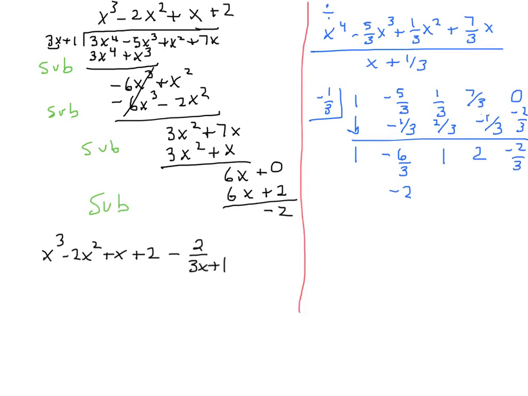So our answer, when we've divided by x plus 1/3, negative 2/3 is our remainder, so we put that over what we were dividing by, and then of course 2 was our constant, and I think I'm going to erase this little negative sign up here and write it as subtraction. 1 is the coefficient of our x value, negative 2 is the coefficient of x squared, and 1 is the coefficient of x to the third.